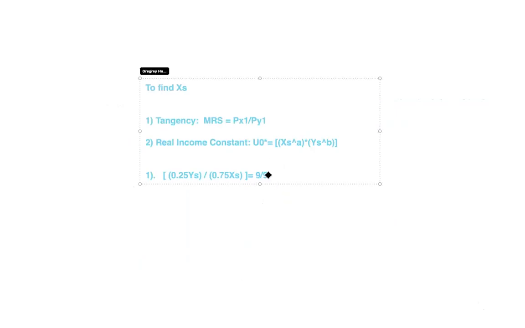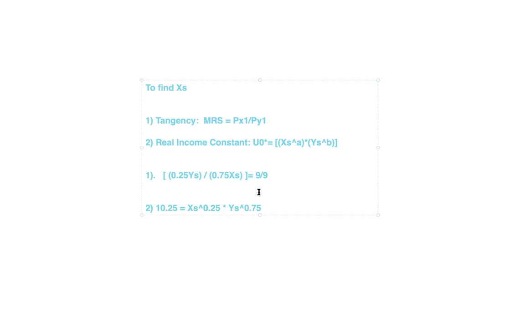And our real income constant condition becomes, well, the utility of our original optimal consumption bundle we said is 10.25. And then we have XS raised to the 0.25 power times YS raised to the 0.75 power. Right?